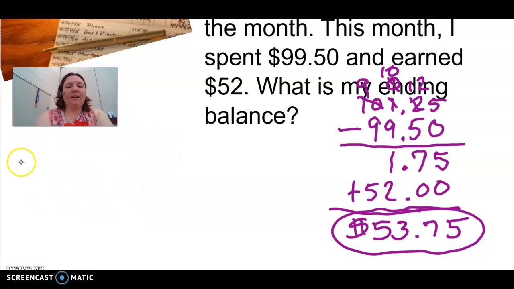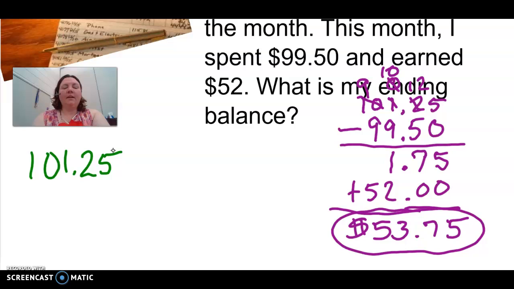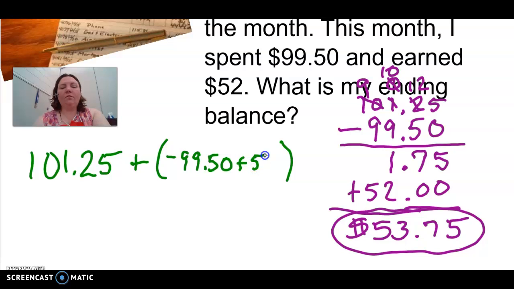We could have said, I start with 101.25, okay, and I'm going to add the amount that I spent and gained during the course of the month. And so I spent $99.50, which is like having a negative 99.50, but I earned $52.